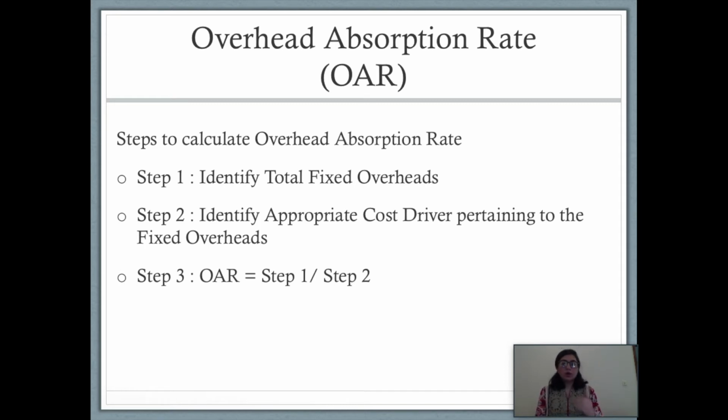Now, to distinguish between absorption and marginal costing, we will be only focusing on production overheads right now, right? Because we have to identify and calculate the difference in contribution using both marginal costing and absorption costing.